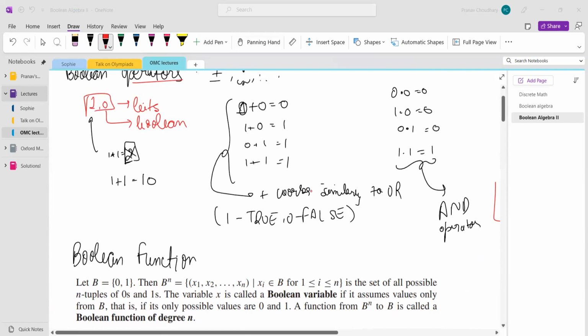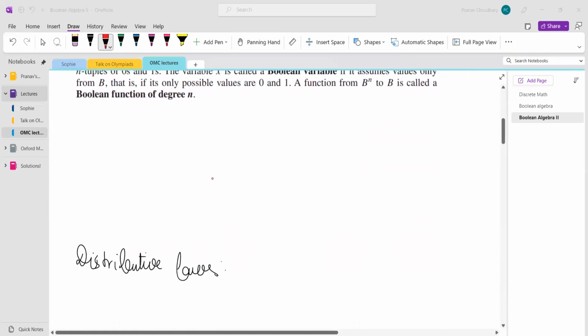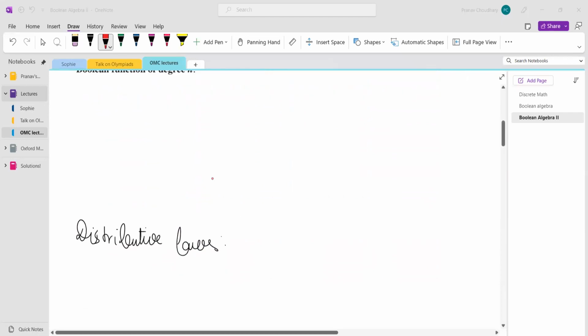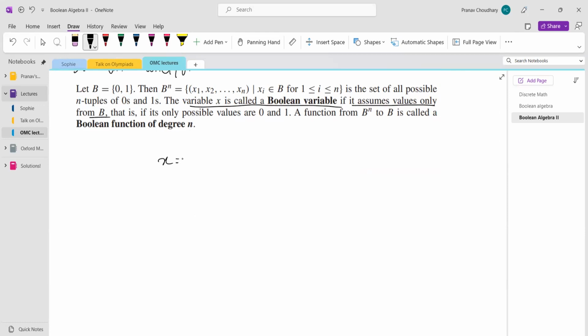Now let's see what a Boolean function is. The variable x is called a Boolean variable if it assumes values only from B. So if x is a variable which can take the value 0 or 1, then we say x is a Boolean variable.